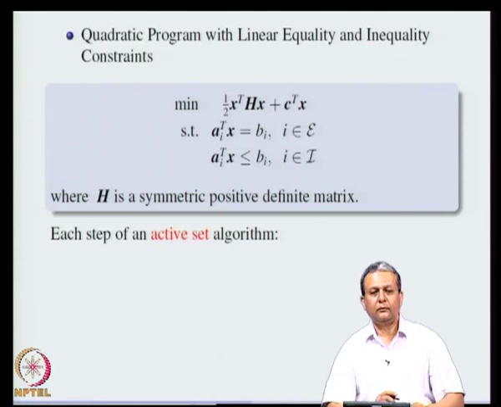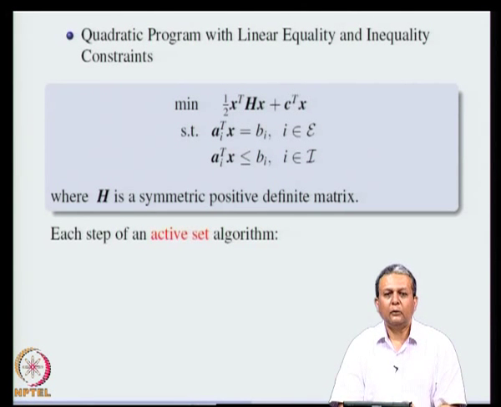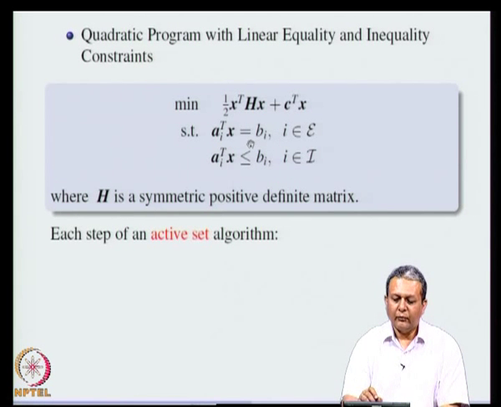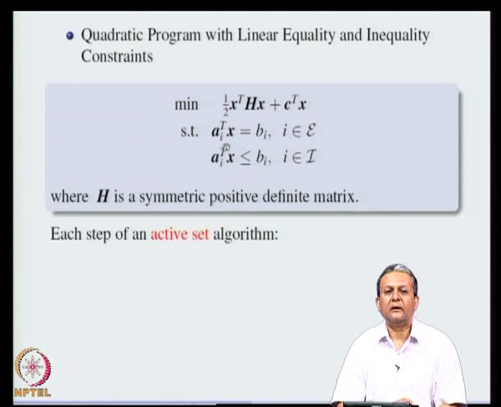Now, let us look at how this active set algorithm works. Given a feasible point, what one needs to do is find out all the constraints which are active at the current point. All the constraints which are equality constraints are definitely active at the current point.